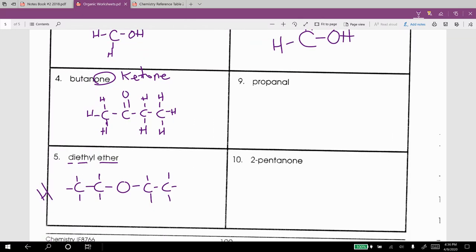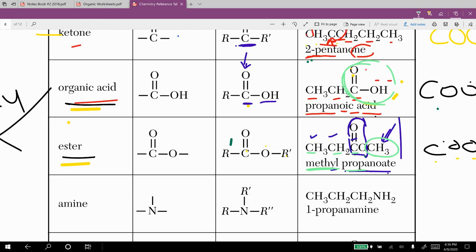All right, our next and last 2, I have prop and I have Al. So then the Al means that I have an aldehyde. Prop means 3 carbons. So I have 1, 2, 3. And I'm going to make it look just like the one on table R, the aldehyde, right?